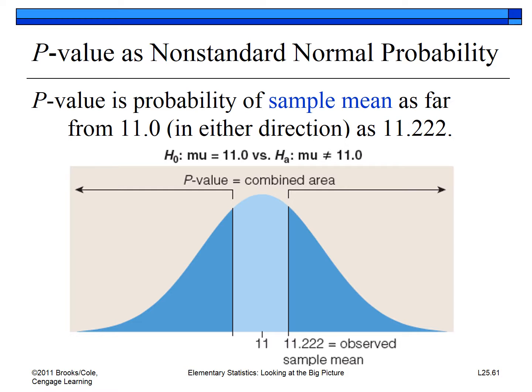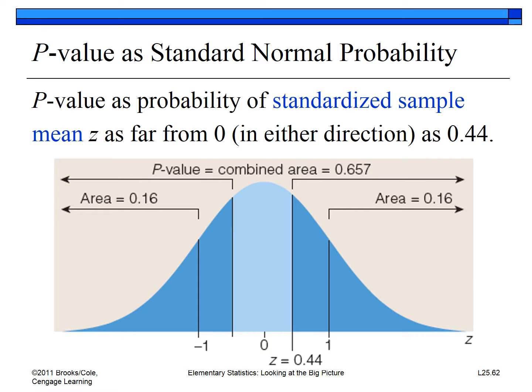Because this was a two-tailed test, notice that the combined area was pretty big. The probability, if we take a sample from a population as we described it, that we get one as weird or weirder than 11.222 would be our p-value. Another way to think of it is in terms of z.